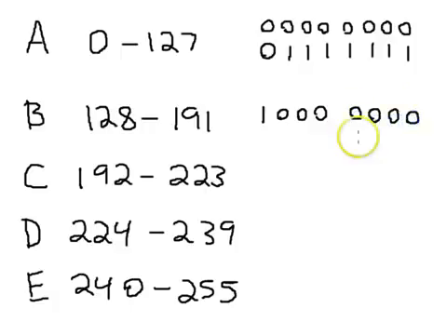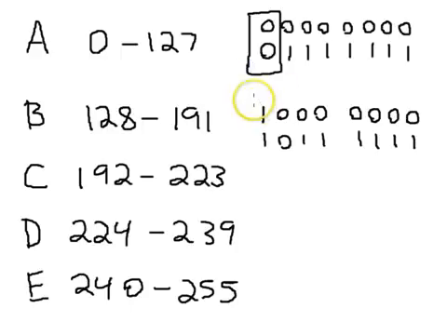The 191 is 1, 0, followed by a bunch of ones: 1, 1, 1, 1, 1, 1. So right here you can already start to see the pattern. Class A addresses all start with a 0. Class B addresses all start with a 1, 0.